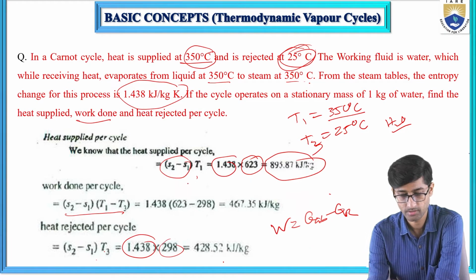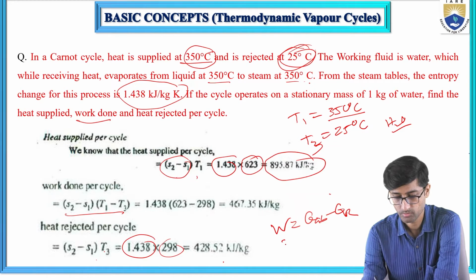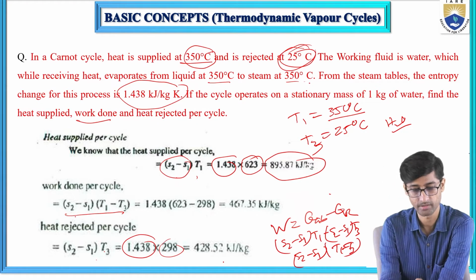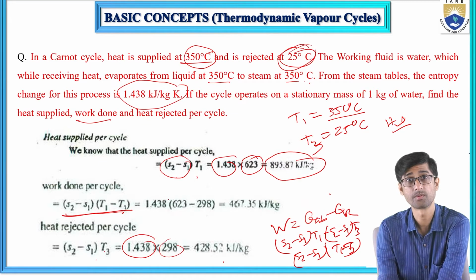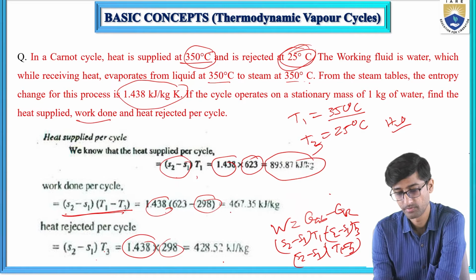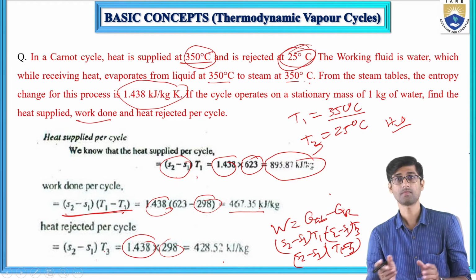So heat absorbed is (S2 minus S1) T1 minus (S2 minus S1) into T3. If you take (S2 minus S1) outside, this is T1 minus T3 that we have written here. So S2 minus S1 is 1.438, and T1 is given as 623 Kelvin minus 298. So the work done becomes 467.35 kJ per kg. So this is all about the Carnot cycle.